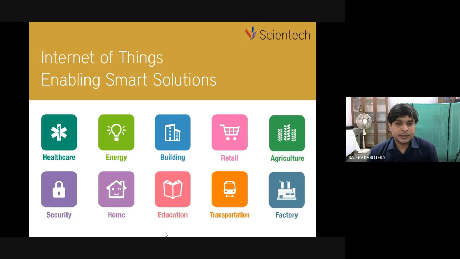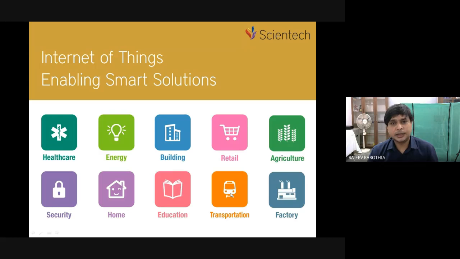Then security is again an important aspect. With IoT we can utilize different sensors to secure any premises, your factory, your office, your home. So security, home automation, and education are there too. Nowadays online learning is an example of the Internet of Things.